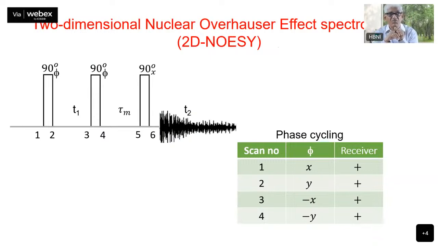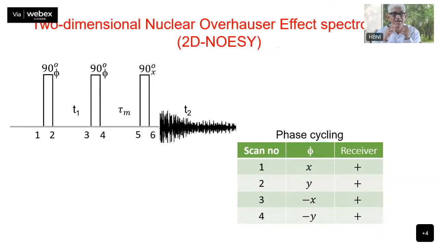Now we turn to the other kind of interaction, which is based on the dipolar coupling between the spins. This happens through space. Two-dimensional nuclear Overhauser effect spectroscopy. We have discussed the nuclear Overhauser effect earlier, and the NOE is dependent on the dipolar coupling.